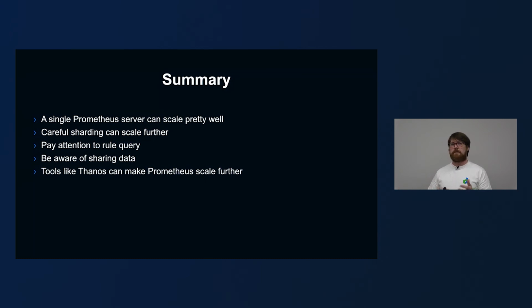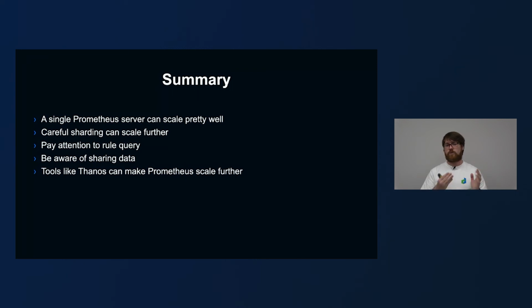When you start supporting many different tenants, you also need to be very aware of how you're sharing data. You need to make sure that Team A can't see Team B's data unless that's something you specifically allow. And maybe you handle that with separate Grafana instances and dashboards, or maybe you use something like promql-guard to look at your queries and check to make sure that those queries should be allowed.